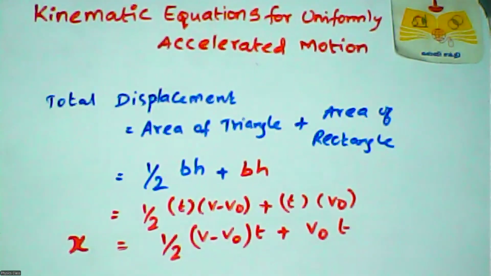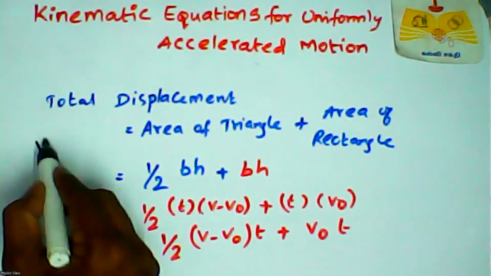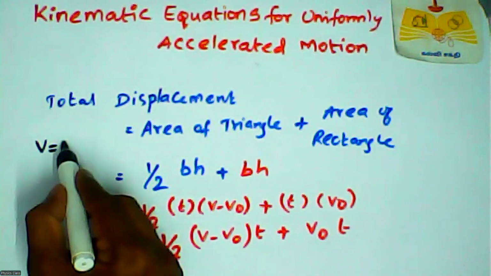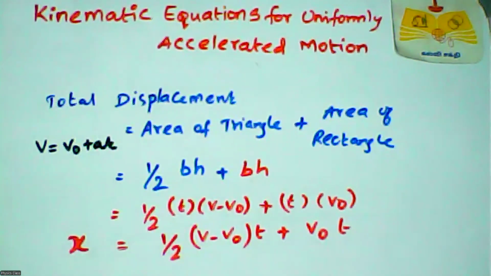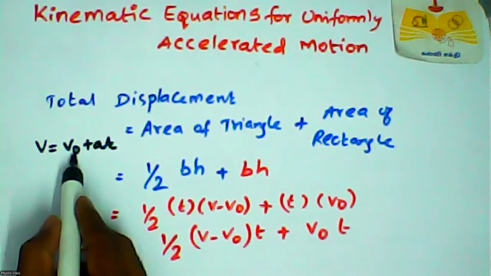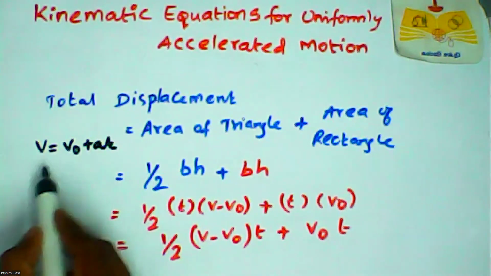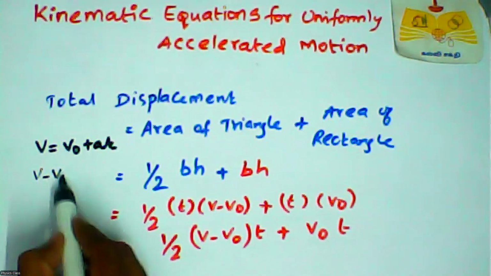Already we know from the previous equation, v is equal to v naught plus at. This is the first kinematic equation. We can move v naught from this position to this position, so v minus v naught equals at.